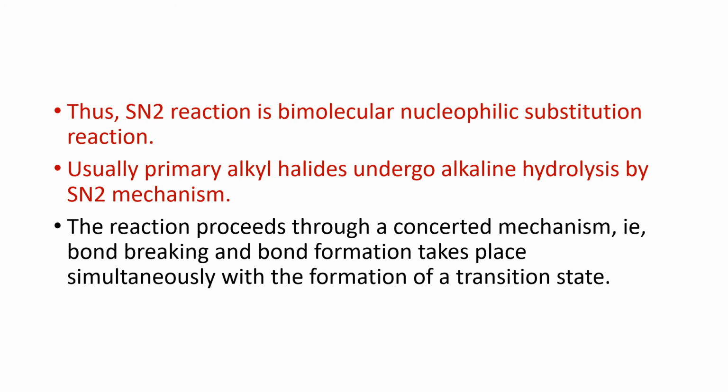In an SN2 reaction, the process takes place through a concerted mechanism. That means the bond breaking and bond formation take place simultaneously with the formation of a transition state. Unlike SN1 reaction, there is no intermediate formed in SN2 reaction.